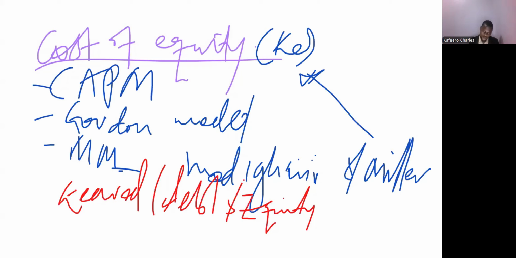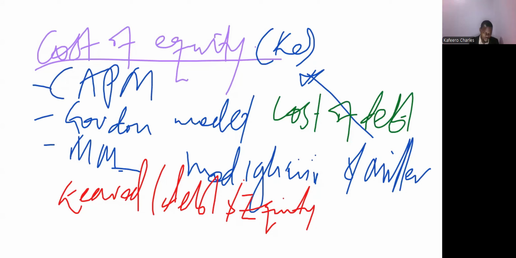But now, we've seen how we are going to be solving the cost of equity. We want to understand how we are going to deal with the cost of debt, that is the KD. This one has no problem. Cost of debt, KD, has no trouble in computing it.